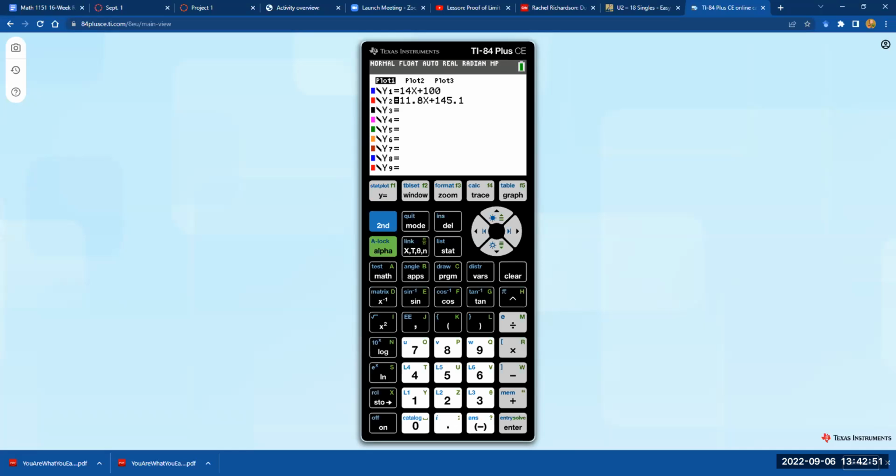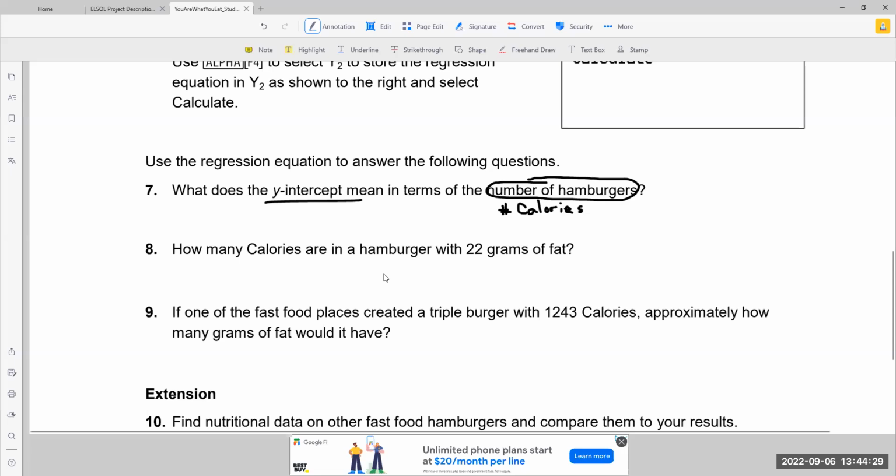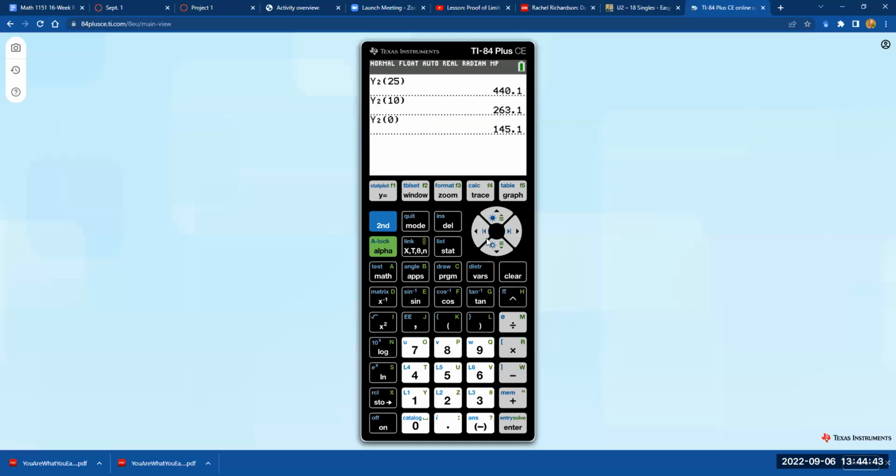Okay, so given some of that explanation, I'll let you come up with an answer for that. All right, so for the next question, it says how many calories are in a hamburger with 22 grams of fat? Well, you saw me do some guessing. Using the blank screen, I could use y bars, enter, and make sure you pick the right equation.